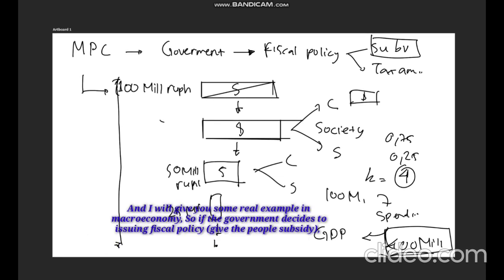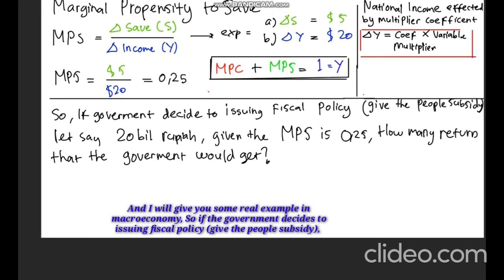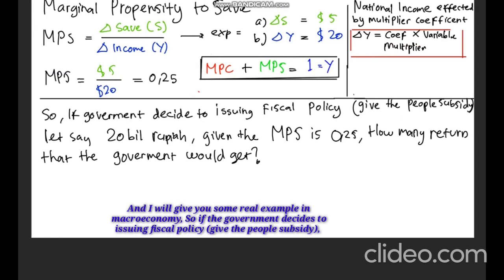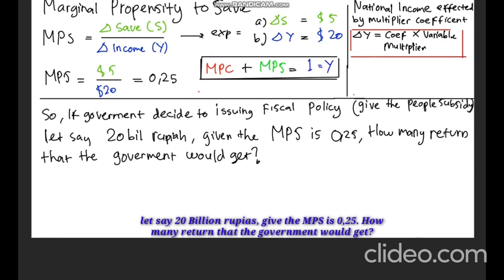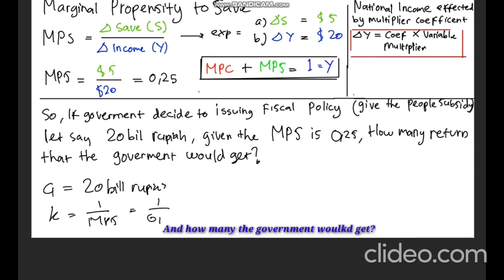And I will give you a real example in macroeconomy. So if the government decides to issue fiscal policy or give the people a subsidy, let's say 20 billion rupiahs, and the MPS is 0.25, how much return would the government get? So the government expenditure is 20 billion rupiahs. The multiplier effect formula is 1 divided by MPS, or 1 divided by 0.25, and the result is 4. And how much would the government get?